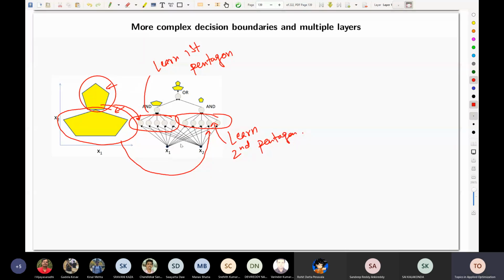OK, so individually they can learn, and then the question is whether the point is in either of these. To find that the point is in either, I will do a final OR here. Here I do an AND to make sure that the point is inside or outside the pentagon, right? So locally it's saying whether it's inside or outside.